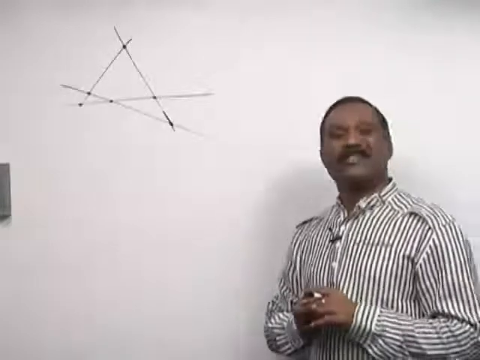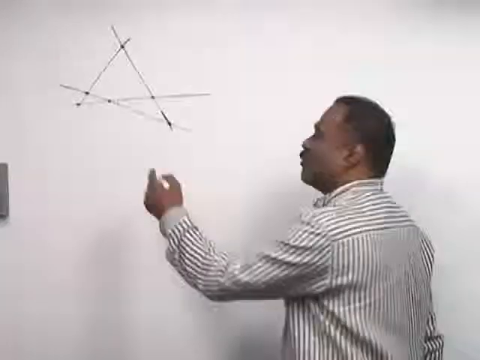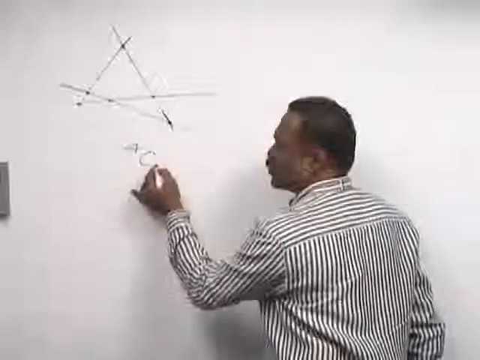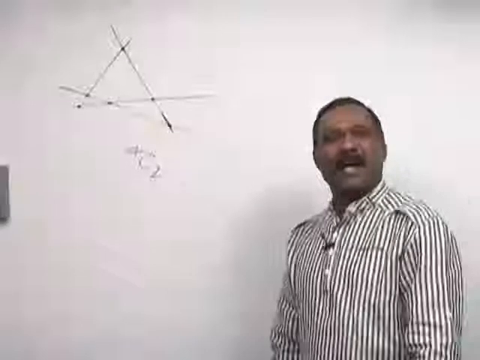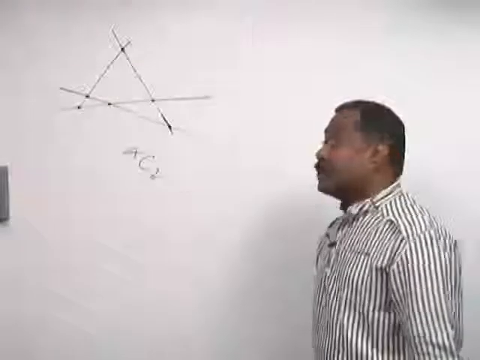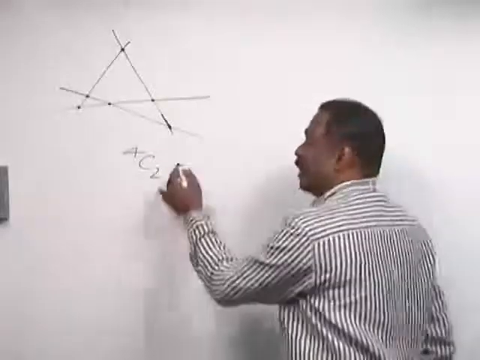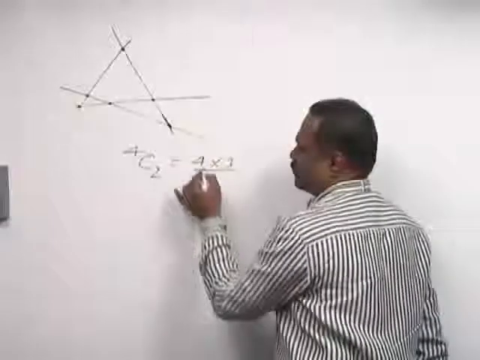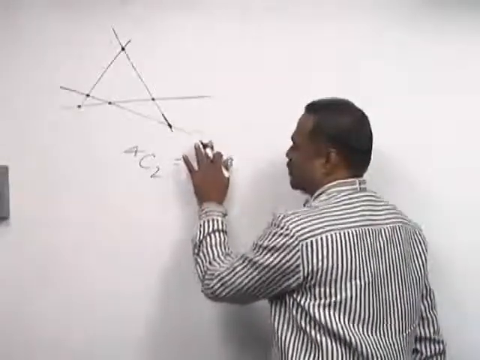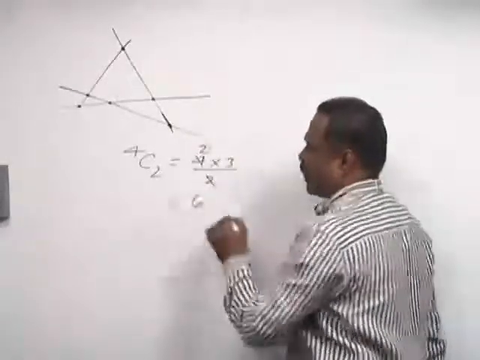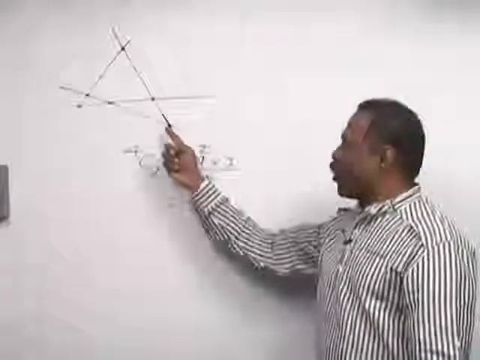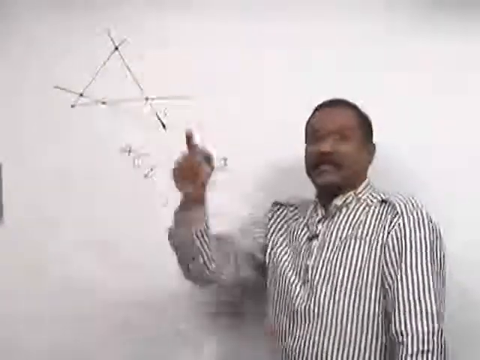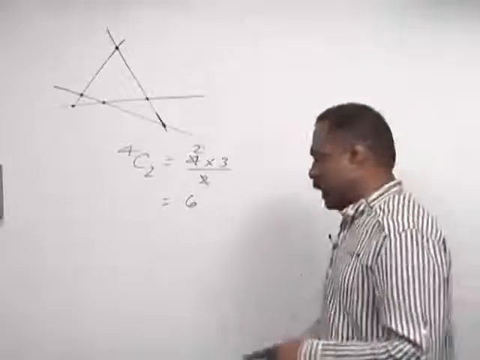What does it mean by 6 points of intersection? 4 lines taken 2 at a time. They intersect in how many points? 4 into 3 upon 2, it is nothing but 6. Count it, please: 1, 2, 3, 4, 5, 6. 6 points of intersection are there.